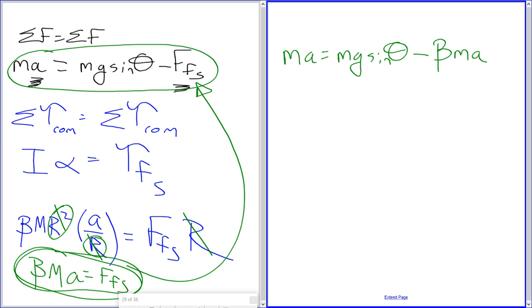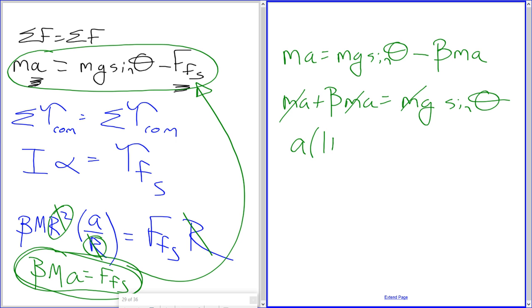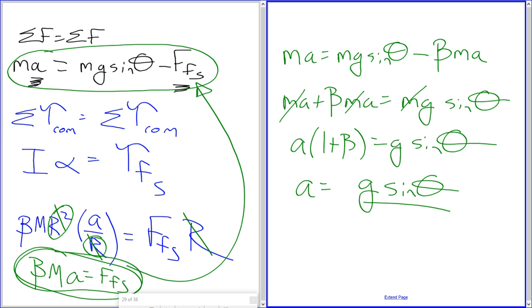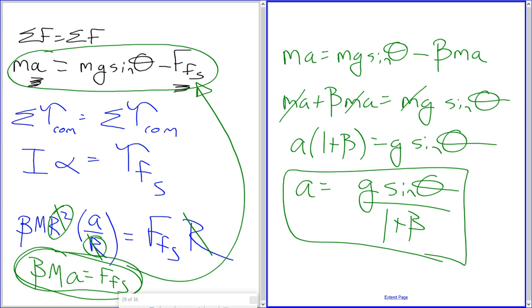If I add beta times ma to both sides, I get ma plus beta ma equals mg sine theta. The m's all cancel. So this is a times 1 plus beta equals g sine theta, so a is just g sine theta over 1 plus beta. There you go. That's the acceleration of a thing rolling down an inclined plane.